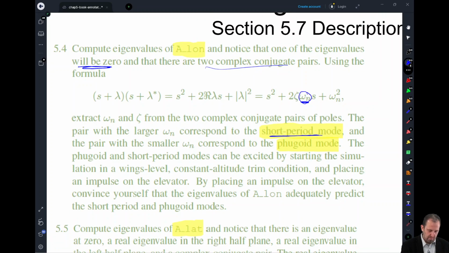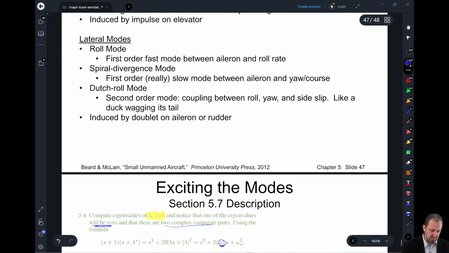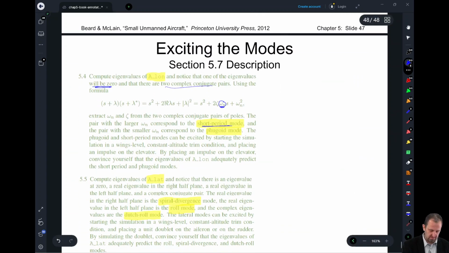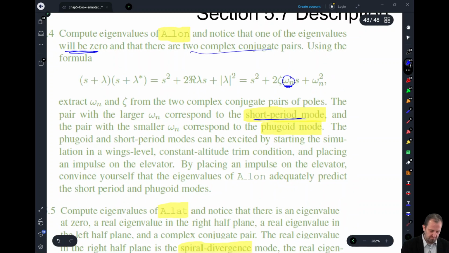The pair with the larger natural frequency corresponds to the short period mode. So if we come back here, this is the fast mode. That's where this fastness comes in, as it has the natural frequency that's much larger. And the smaller one corresponds to the phugoid mode.